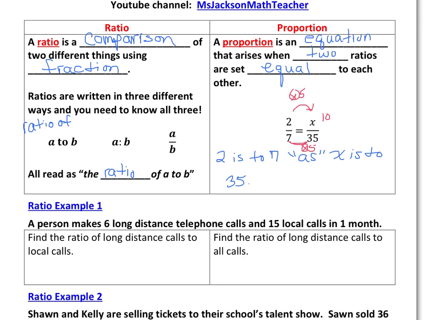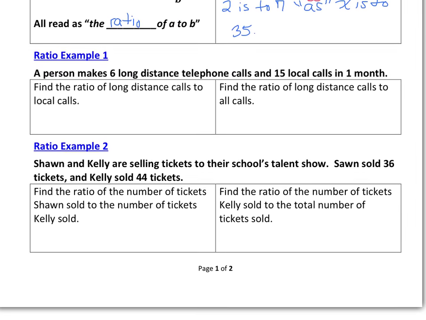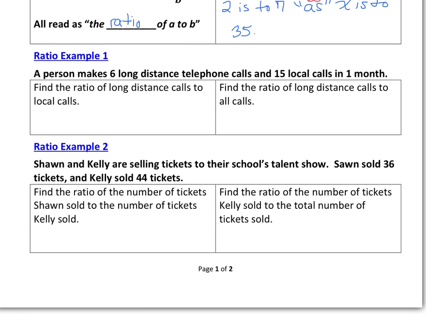All right, now let's take a look at a couple of examples of ratios and how we translate the English into symbolic notation. Okay, so the first example, a person makes 6 long-distance telephone calls and 15 local calls in 1 month. So the first prompt is to find the ratio of long-distance calls to local calls. The first phrase in the sentence is long-distance calls.